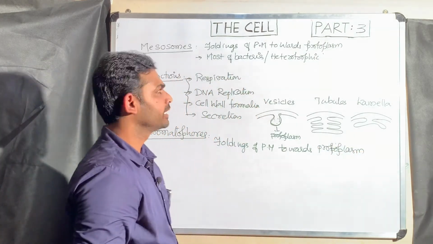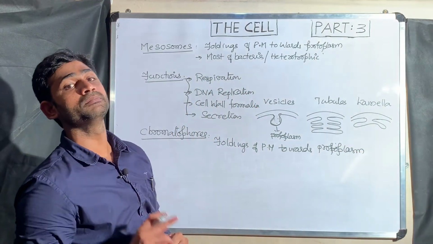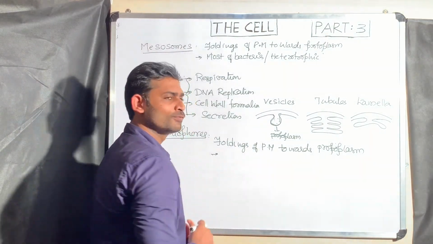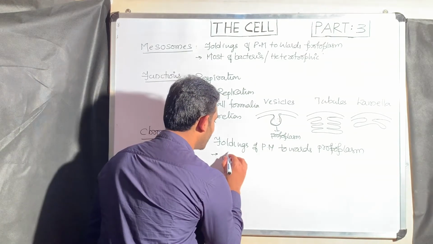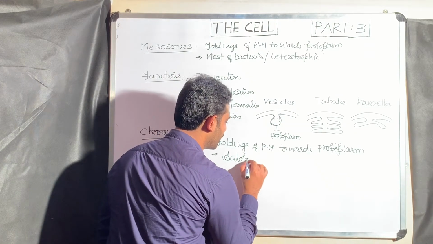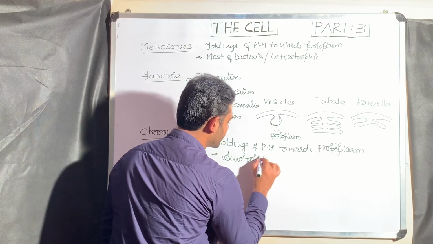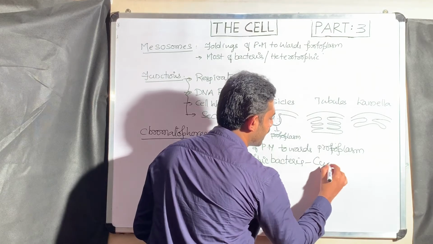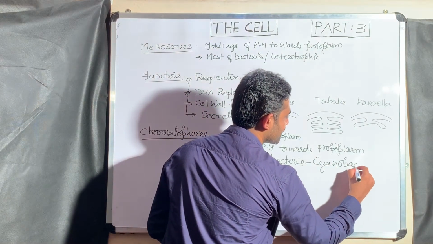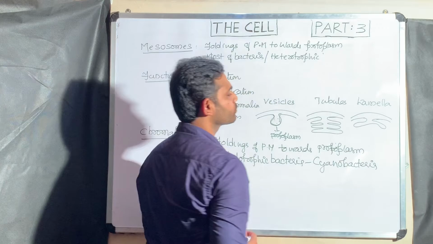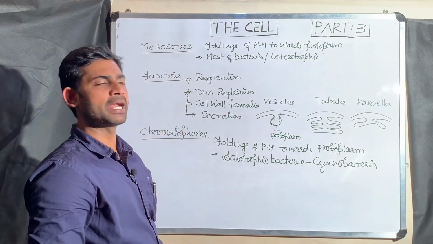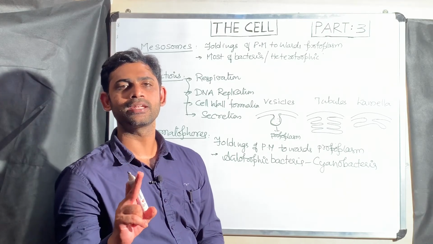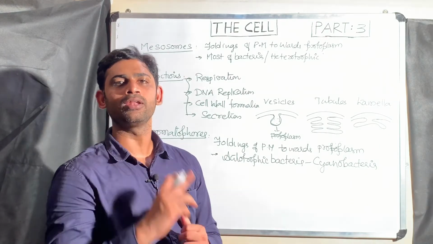Here what I said, mesosomes are associated with most of the bacteria, the heterotrophic bacteria. But chromatophores are associated with autotrophic bacteria, like cyanobacteria. You are understanding the difference now? Mesosomes are associated with heterotrophic bacteria. Chromatophores are associated with autotrophic bacteria, like cyanobacteria or blue-green algae.